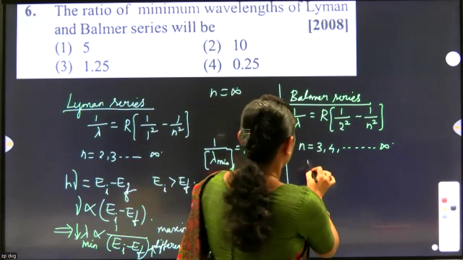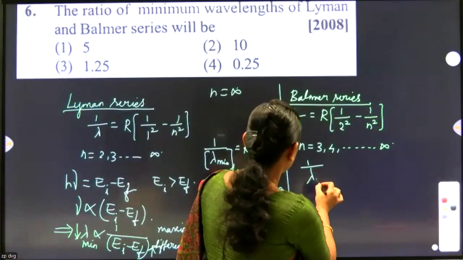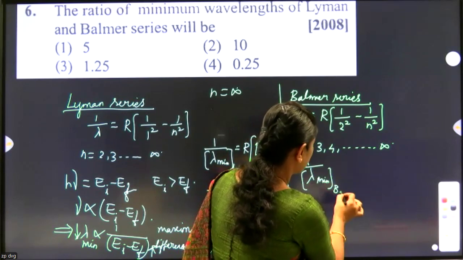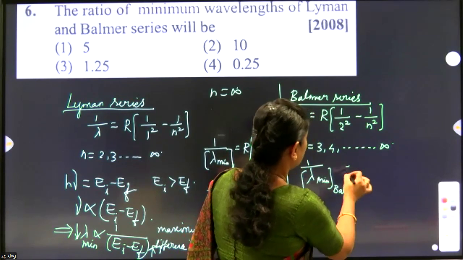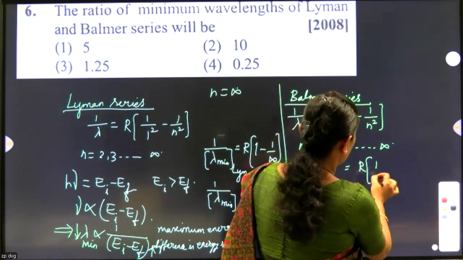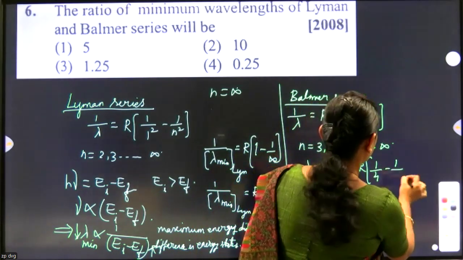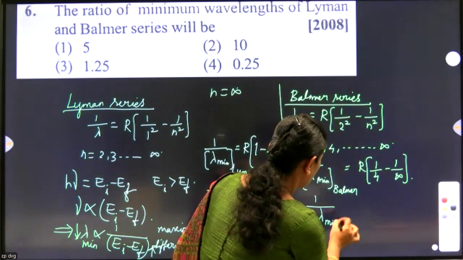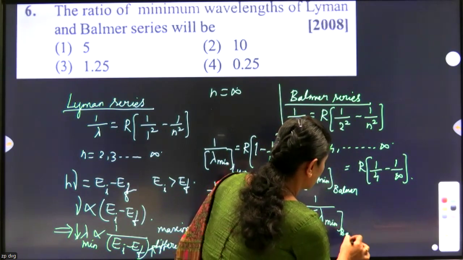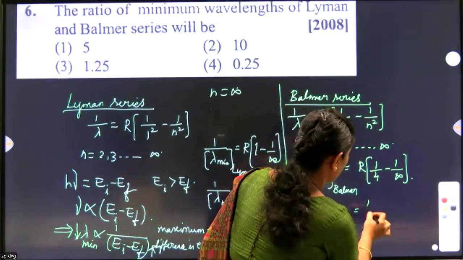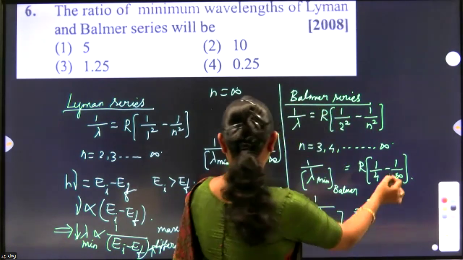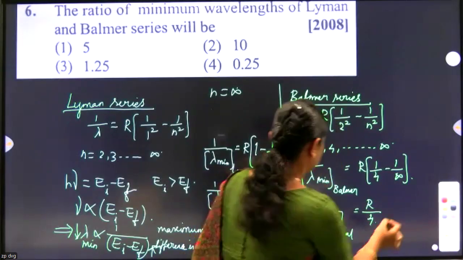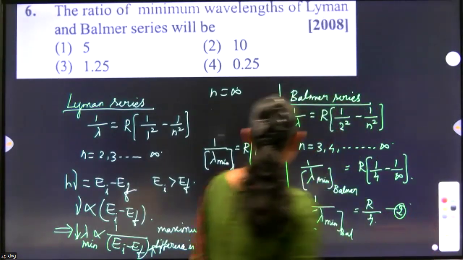And for Balmer series, 1/λ minimum is equal to R(1/4 − 1/∞). 1/infinity becomes 0. Therefore, it is R/4. This is equation 2.